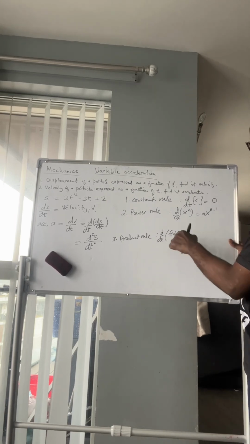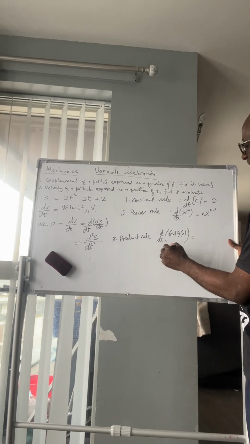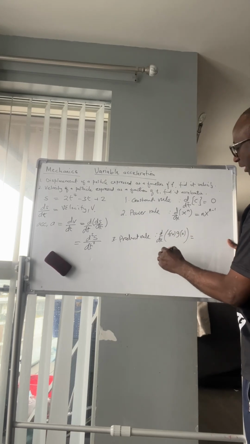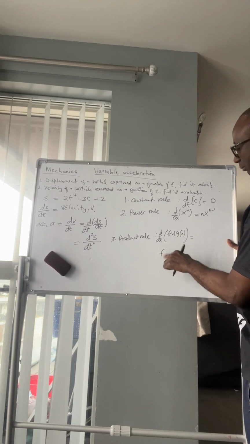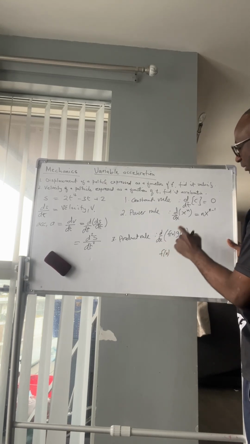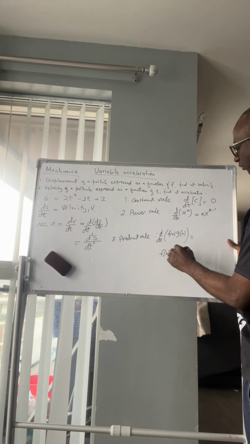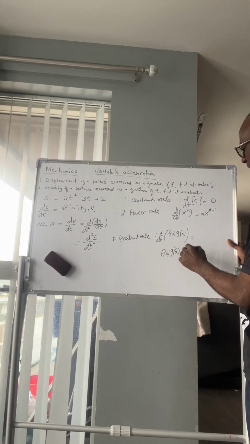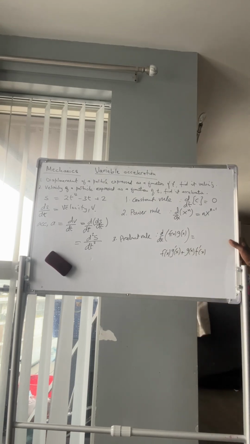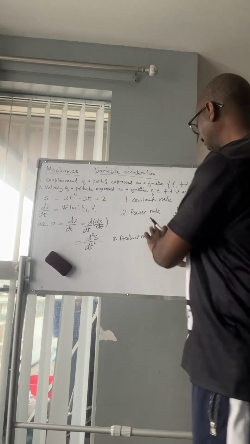You will have f of x times g prime of x plus g of x times f prime of x. That is, you differentiate one and the other one is constant, you add, then you differentiate the other one, then you keep the other one constant. When we do examples, you will soon see how these are done.